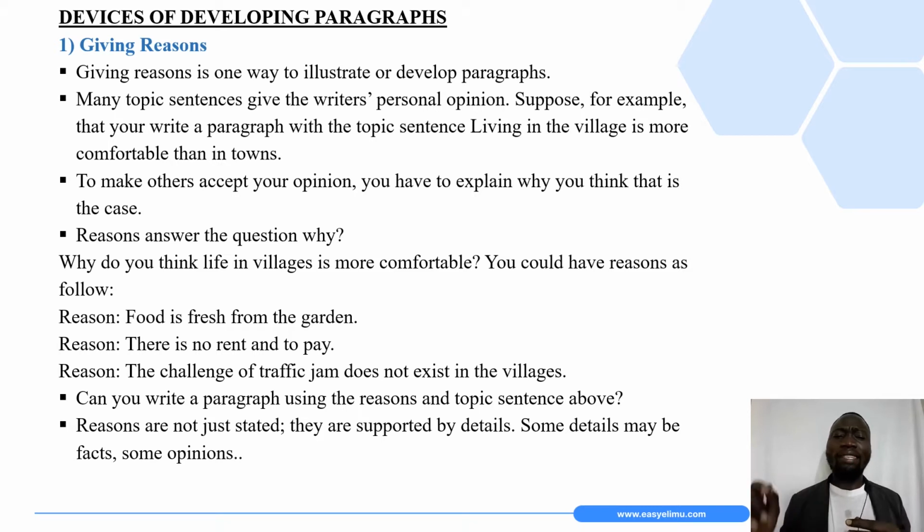In order to make others accept your opinion, you have to explain why you think that is the case. So reasons answer the question why living in the village is more comfortable than in towns. That is, if we use that example as our topic sentence.